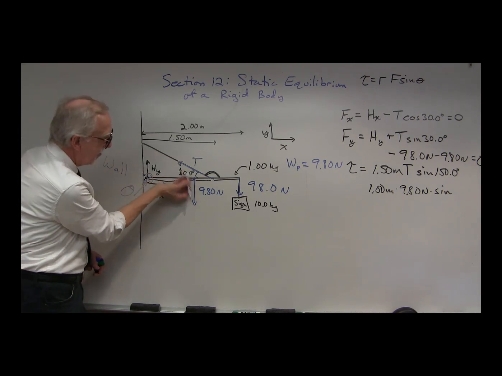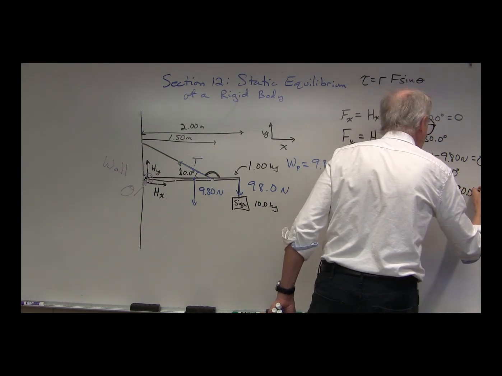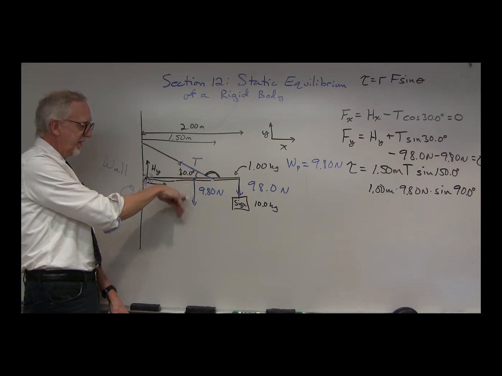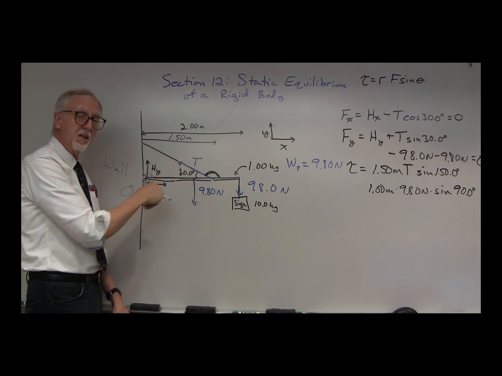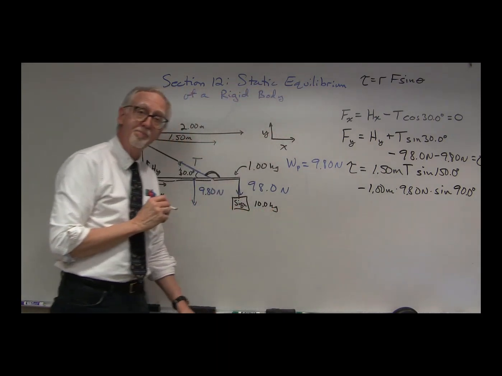R, F, 90 degrees. Sine, 90 degrees. And is that a positive or negative torque? Well, that is tending to rotate the stick in a clockwise direction, so that is a negative torque.